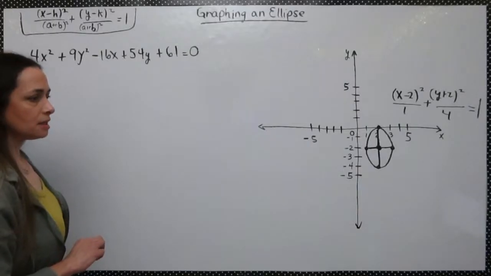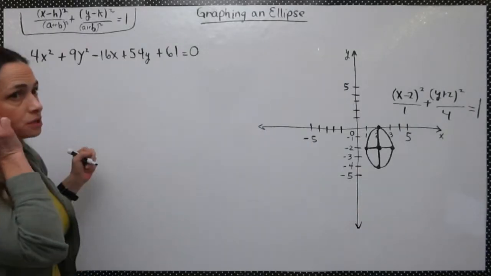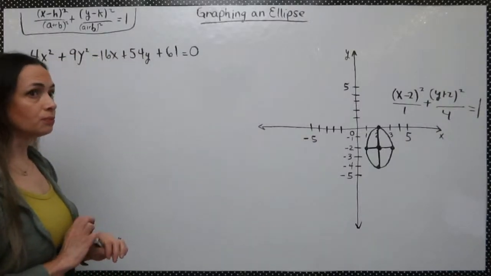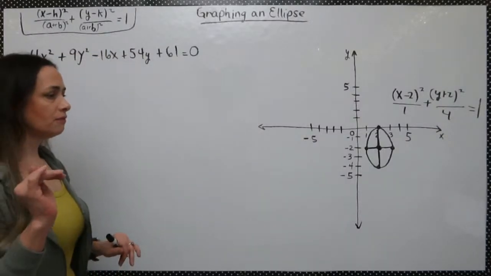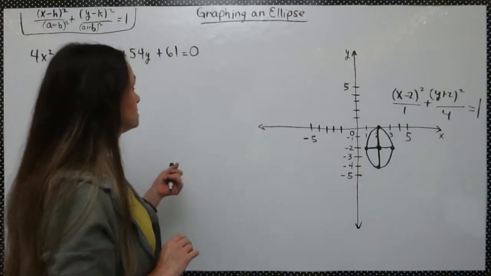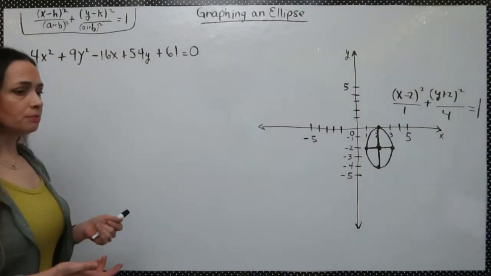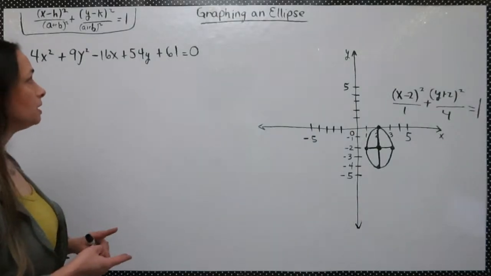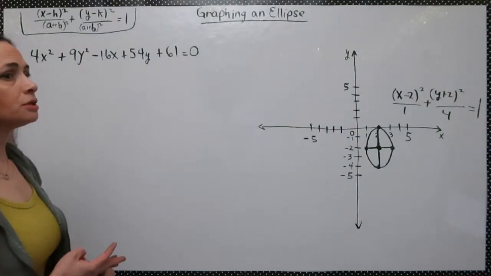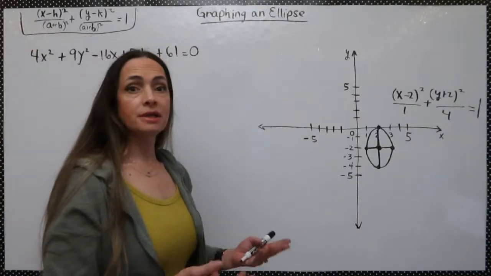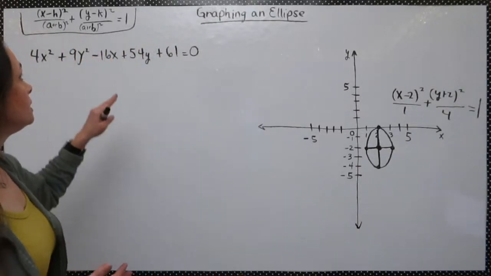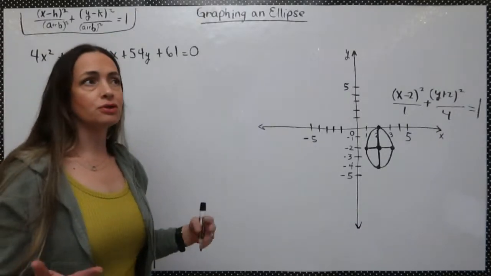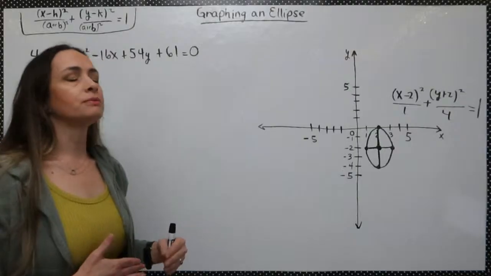People on a high level of mathematics can probably look at this and say what it is, but it could be a circle, a hyperbola, or an ellipse. The only way to really find out is to rearrange it and put it in its standard form, and that's generally the method of determining which conic section you're dealing with.